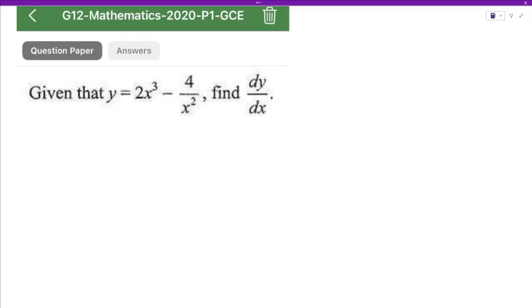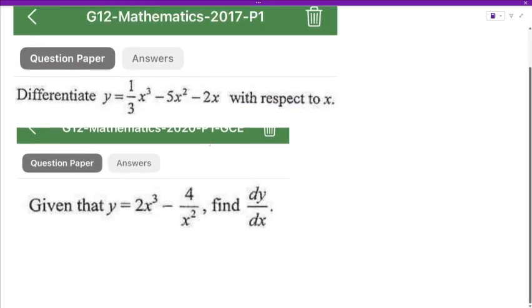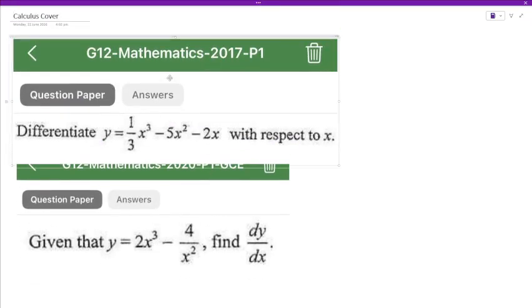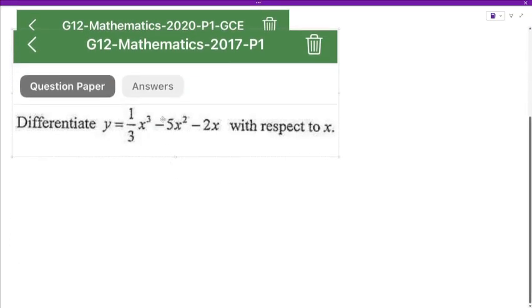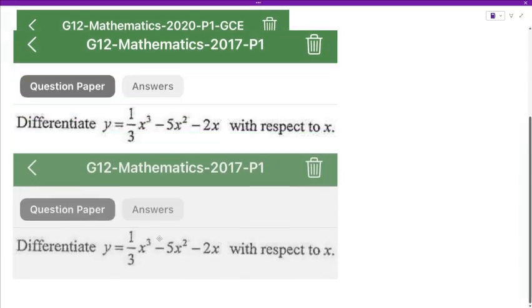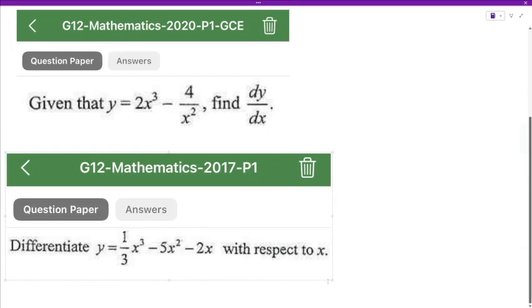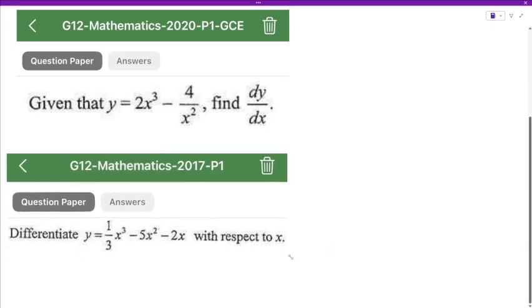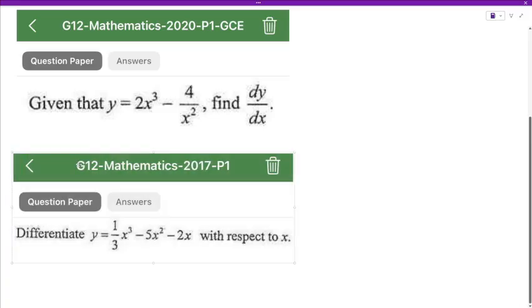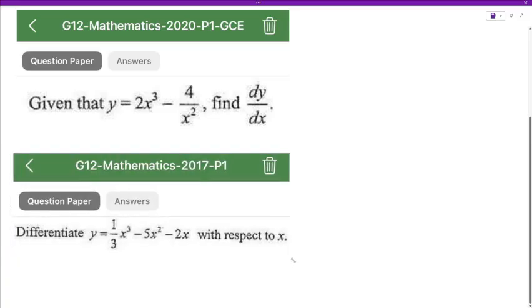Okay, so there's this other interesting question that I would like us to look at. Very interesting question. I remember giving it to my students last year and they had issues with this question.